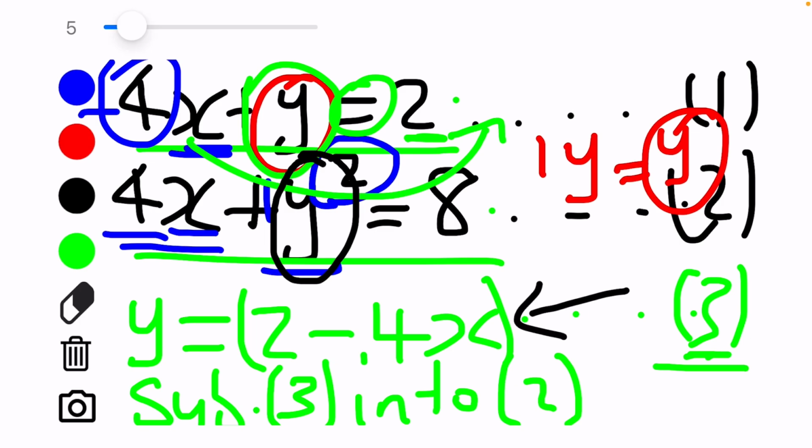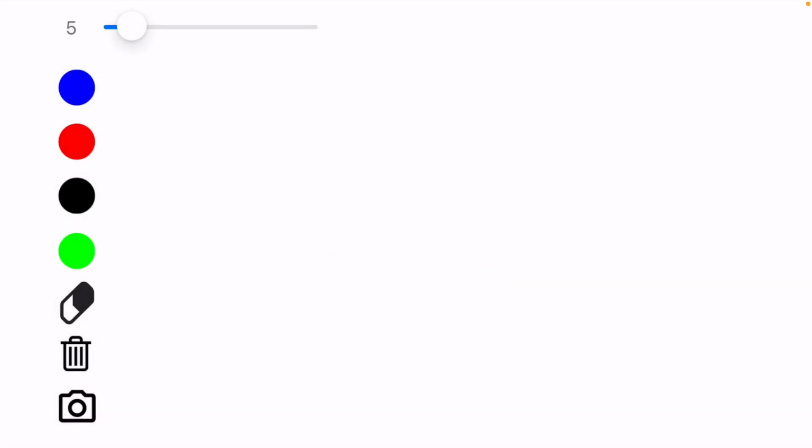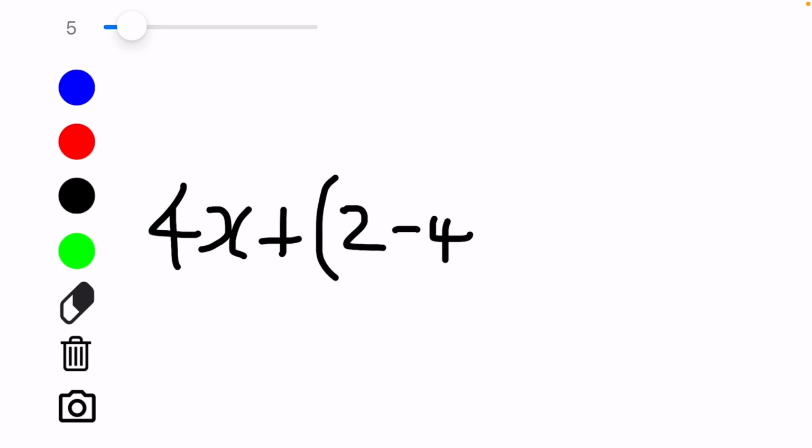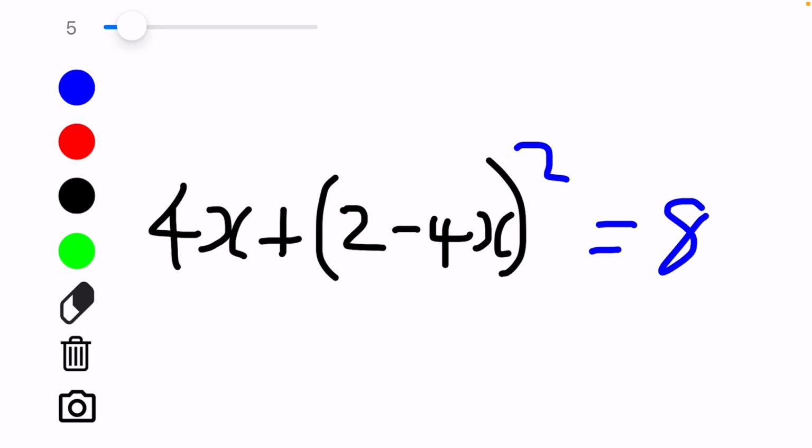Remember guys, at all times when you substitute, make sure that you substitute in brackets. So obviously you might be having something like 4x plus, I think it was 2 minus 4x. Remember guys, remember that squared over there. And this was equated to 8.